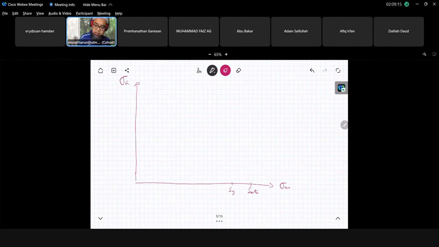So kita ada sini pun yield strength. So di sini kita ada downward, kita ada endurance limit. This is the guarding line for yielding. So this is guarding line for fatigue. Okay. This yielding.